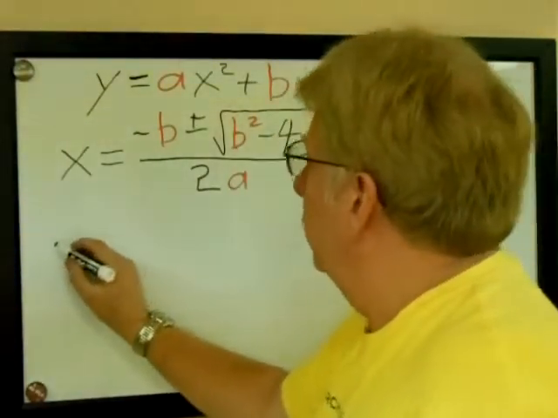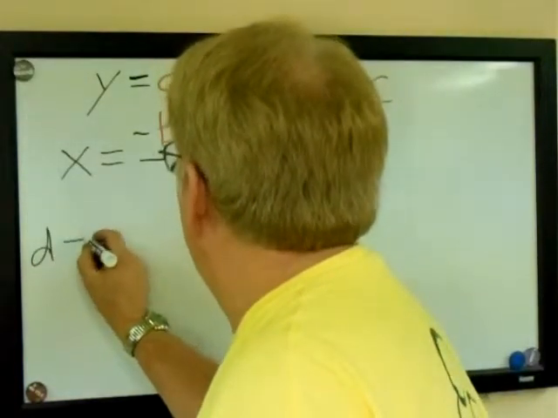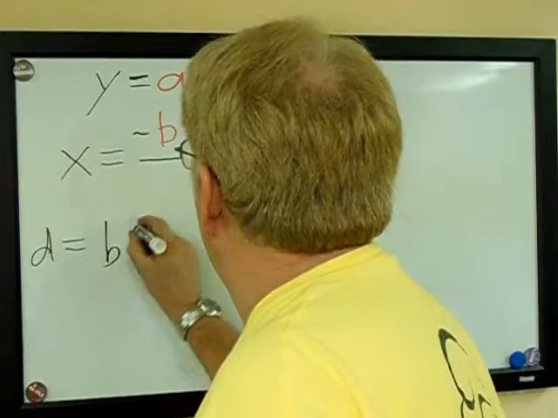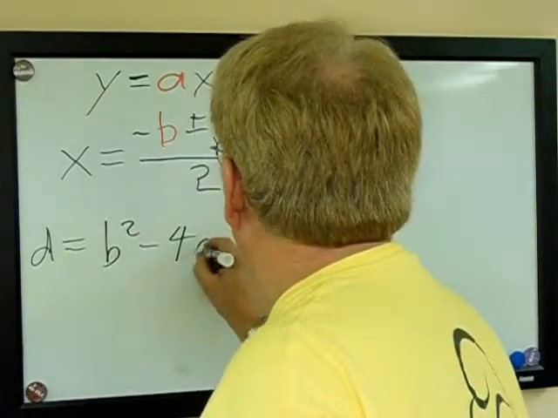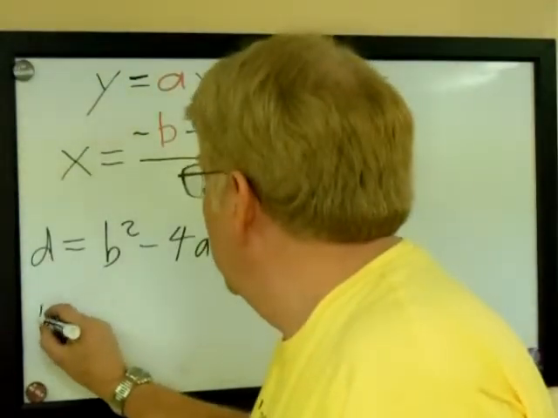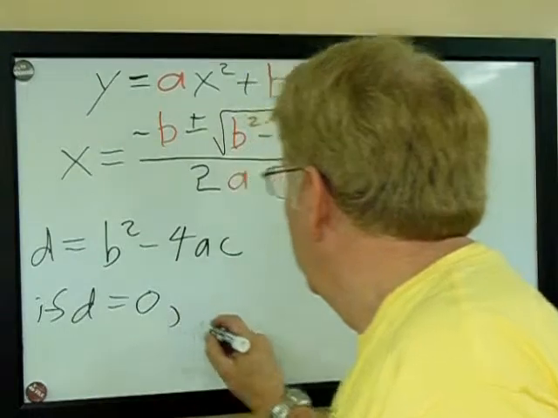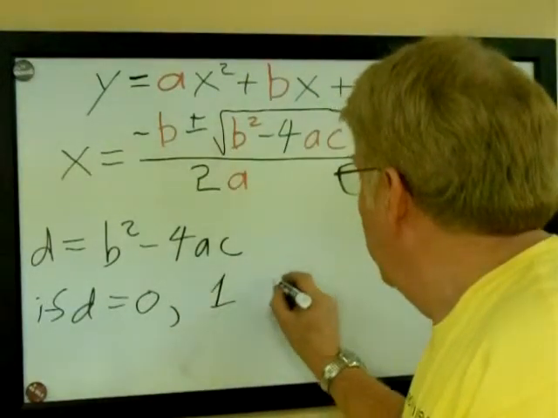So let's write the discriminant down first, and I'll just call it small d. Discriminant equals b squared minus 4ac. Now, if d is equal to 0, then we have one solution.